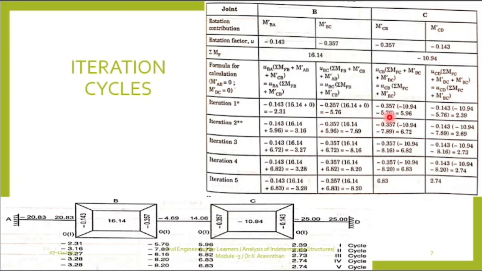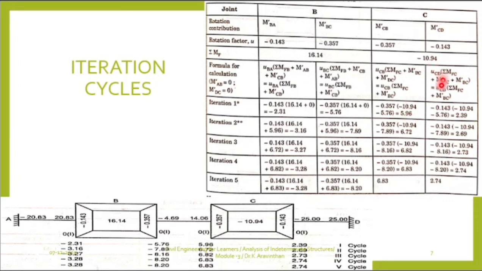And what is summation of MFC? At joint C, what is the summation of moment? Minus 10.94, it is written. So plus MDC. What is MDC? Do you have moment at DC? You don't have joint D, hence it will be 0. You have to multiply the component and you will be getting 5.96.